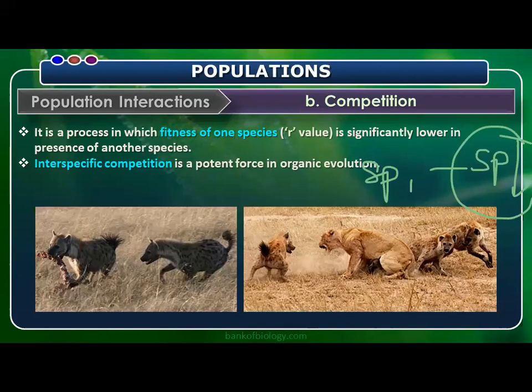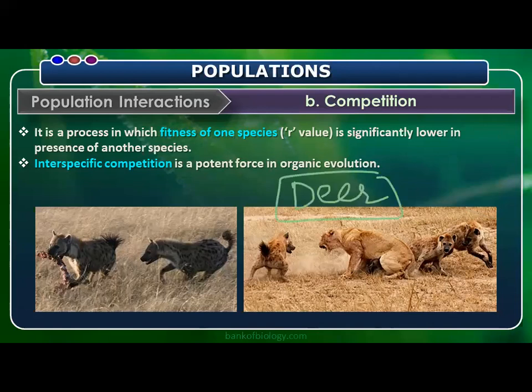Interspecific competition is a potent force in organic evolution. How? We usually go with an example here. Imagine a deer running at 50 kilometers per hour. Who is its predator? The tiger. If the tiger runs at only 45 kilometers per hour, what happens?